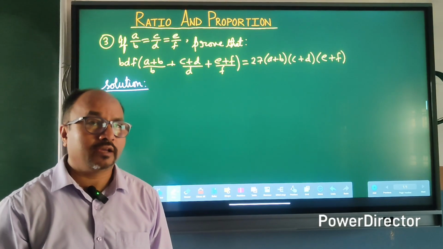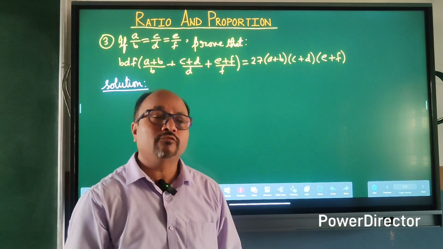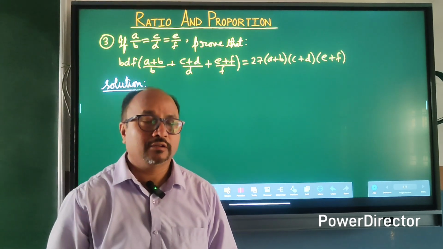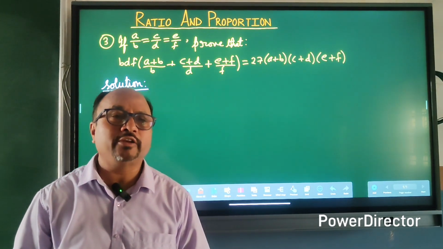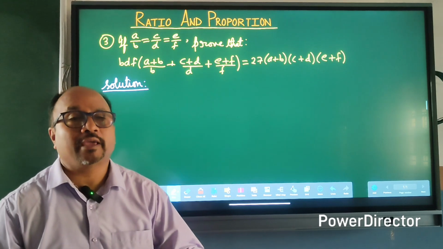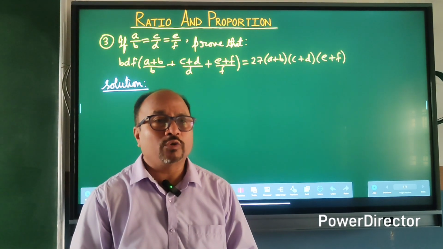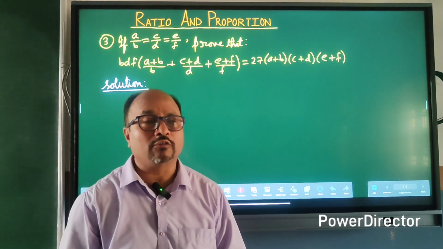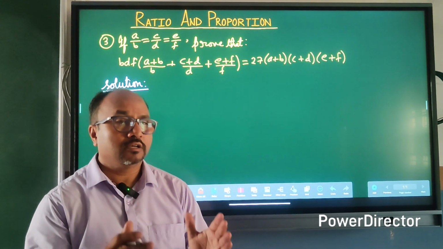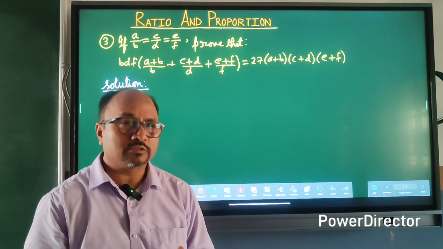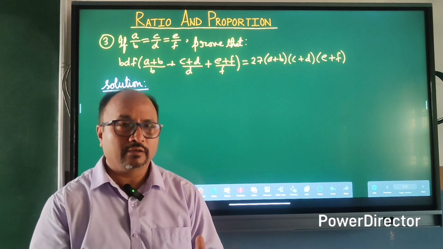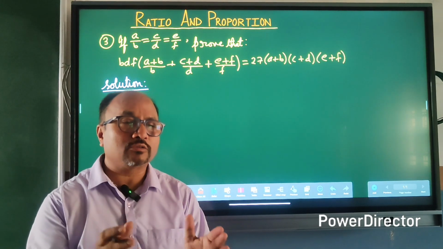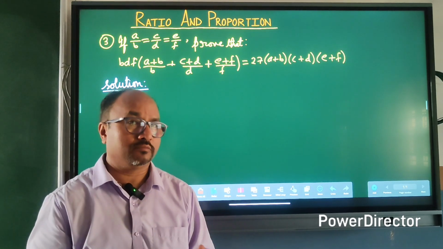Now let us take another sum which involves a method which we call the K method. There will be a lot of sums where you need to prove by using this K method. When you are doing sums based on K method, most of the sums you will have to solve by taking the LHS, substituting the values in terms of K, and then getting the LHS as well as the RHS coming to the same simplified form.